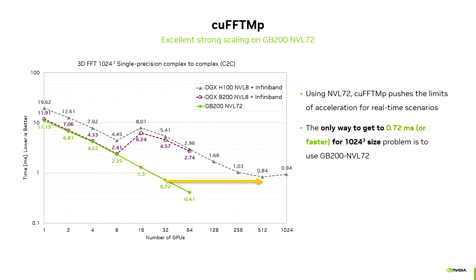I'm not sure I get the question completely, and please correct me, we can have this conversation after the talk. If the question is why those two start behaving very similarly, although one of them is Blackwell and one of them is Hopper, the answer is that this is an FFT example, and it is not flop bound.